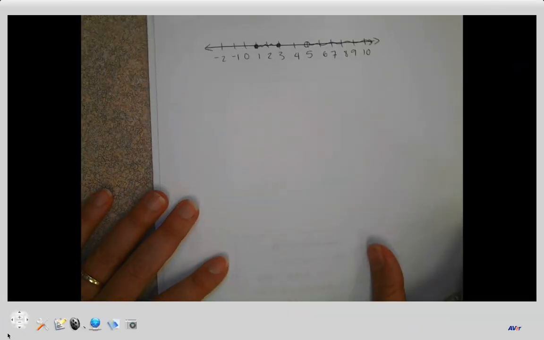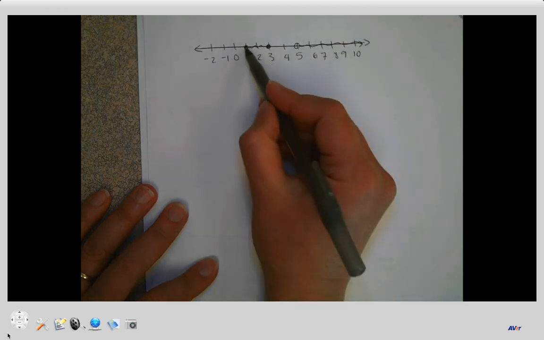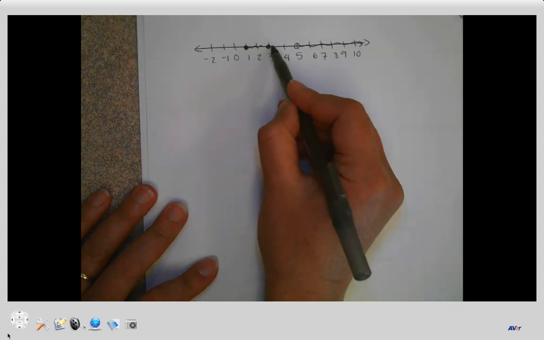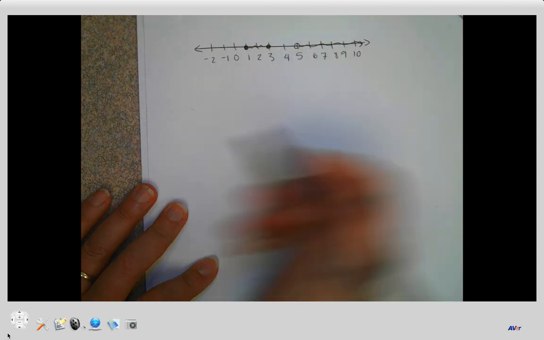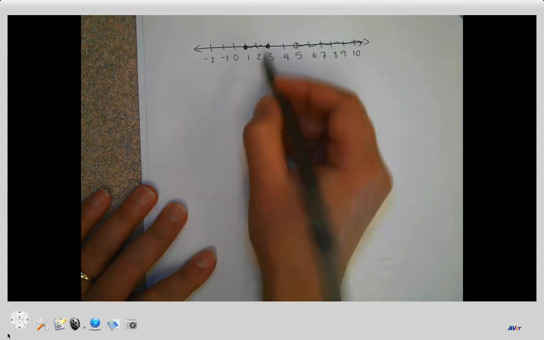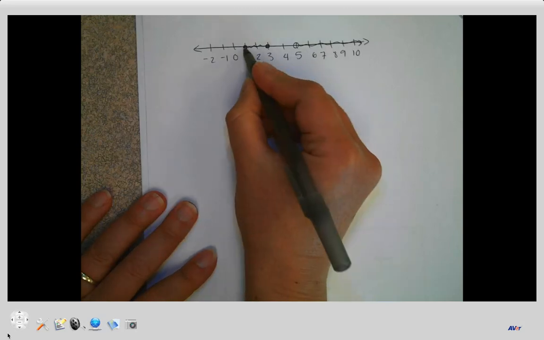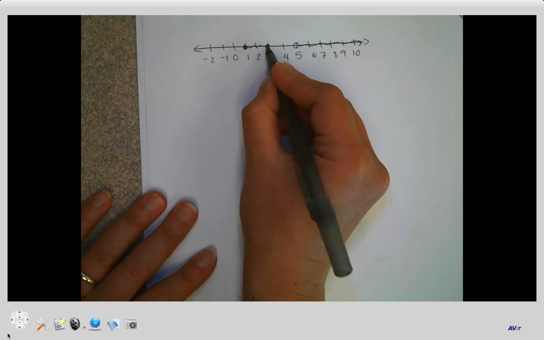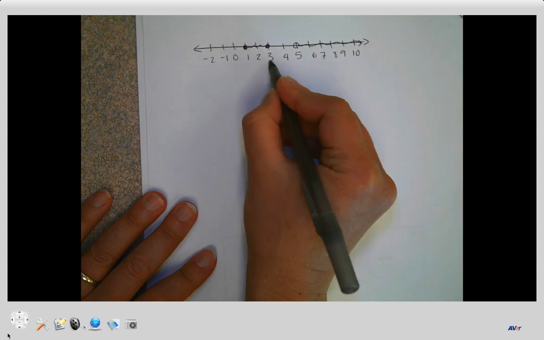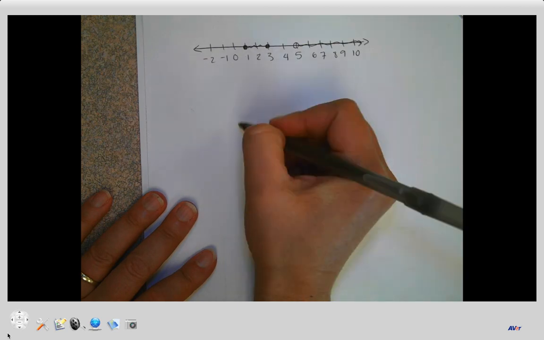Okay, so hopefully you've done this. Here we've got our problem. And when I'm writing this on a paper, a lot of times I use a little squiggly line just because then it's easier for me to see what sections of the number line are included. So first let's do inequalities. So this inequality, let's see, it goes from 1 to 3 and there's filled in circles.